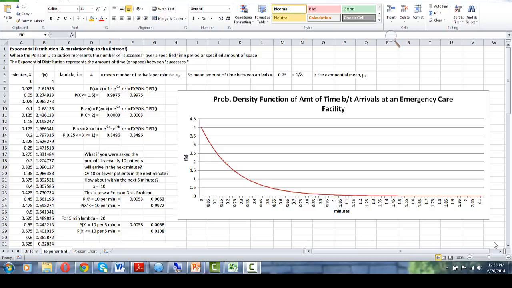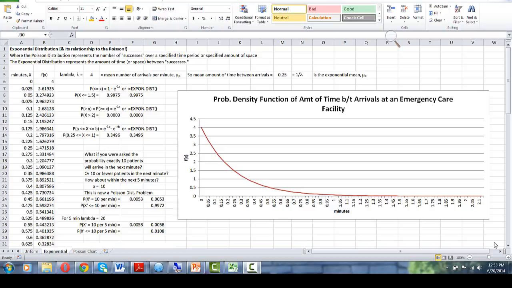So whatever x happens to be, we can just plug into that particular formula. For greater than x, so x to infinity, there's a certain formula for that. And then between two values, a and b, let's say, there's a specific formula for that.